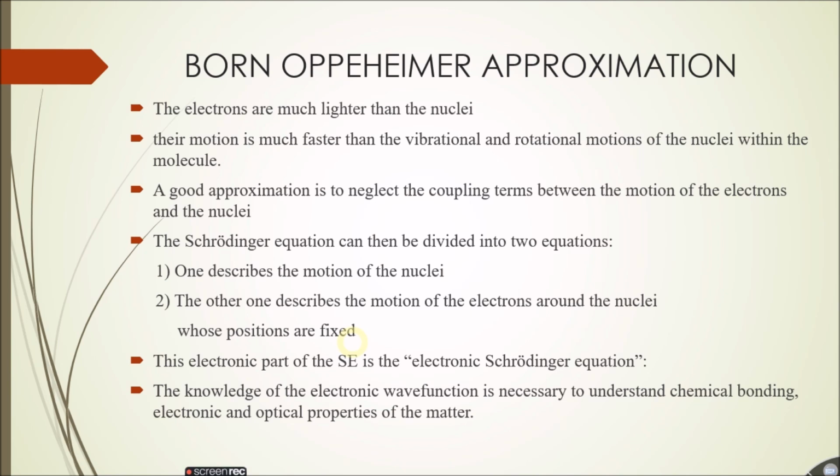It is very slow, so no need to get the details about its motion. So they assume that the nuclei are fixed and unmoving, and then they compute only the electronic wave function. The nuclear wave function is omitted and they consider only the electronic wave function. This is all about your Born-Oppenheimer approximation, right?